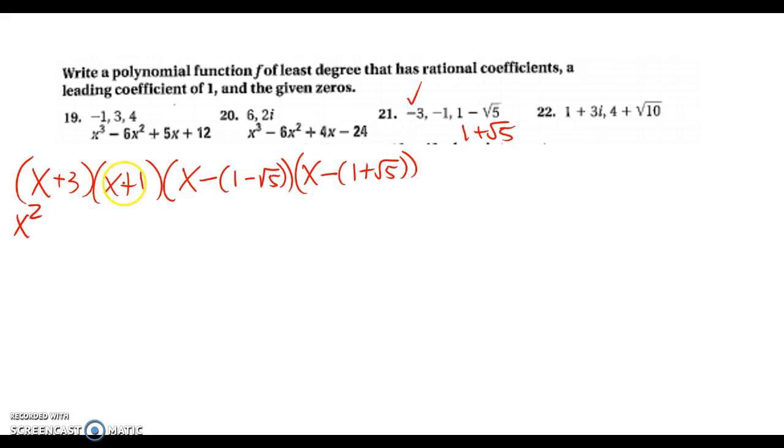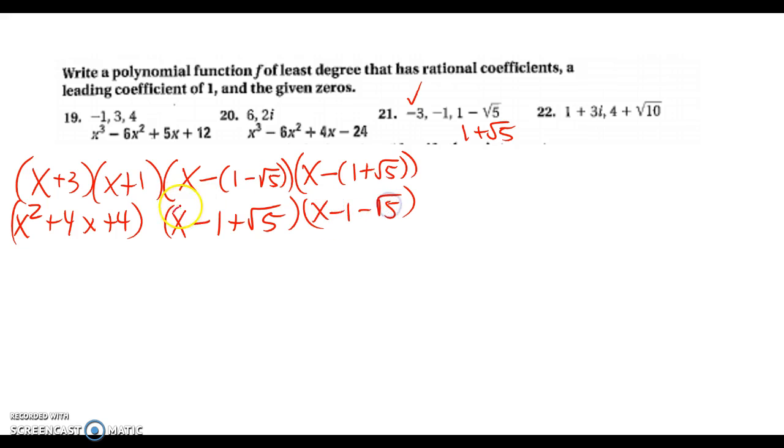X squared plus 3x plus 1x plus 4. So this will be waiting till we get this thing over here. Remember, I'm going to distribute this negative sign. Then I'm going to make the x minus 1 a quantity. So this is x minus 1 squared minus 5, minus the square root of 5 times x minus 1. I'll write that for us.